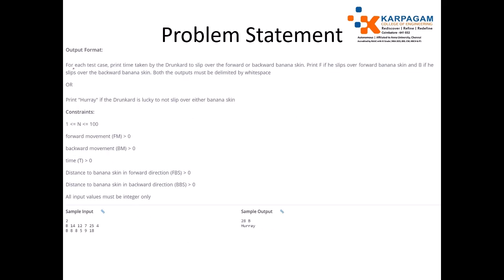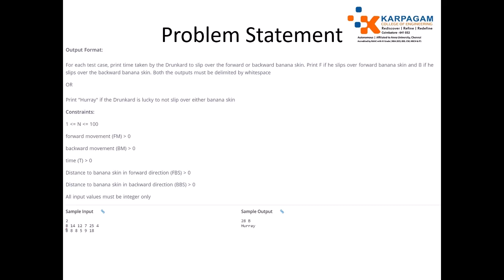So we need to print the time taken by the drunkard to slip over the forward or backward banana skin. Constraints: n ranges from 1 to 100, forward movement greater than 0, backward movement greater than 0, time greater than 0, distance to the banana skin in the forward direction greater than 0, and distance to the banana skin in the backward direction greater than 0. All values are integers only.